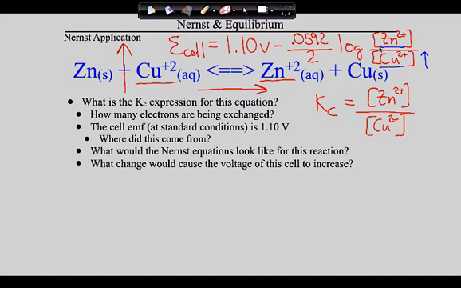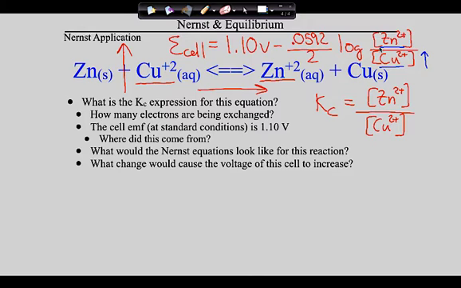We're adding it, and we can actually make the voltage go up. We can make the voltage bigger than 1.10 volts by making the concentration of copper ion greater than zinc ion. Does that make sense? Do you understand the idea? You've seen it relative to your diagrams, you've seen it relative to the balanced equation, and now you've seen it mathematically. Get the idea?